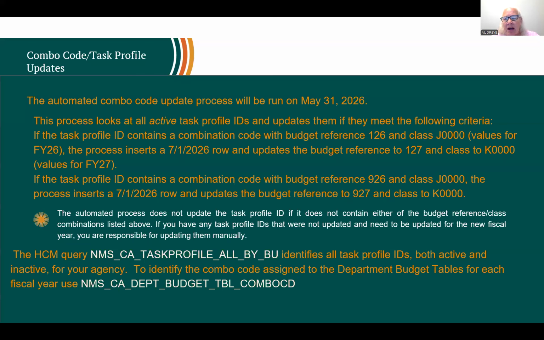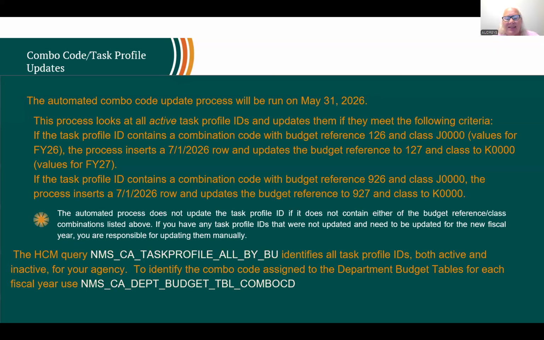If the task profile ID contains a combo code with a budget reference 926 and J, it will also update those for the FY27 information.